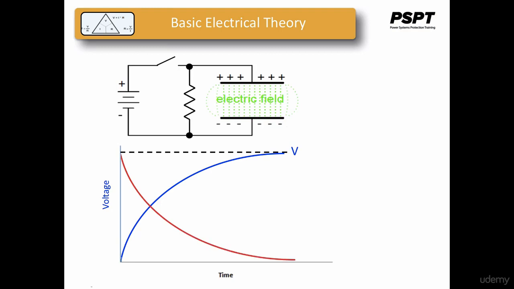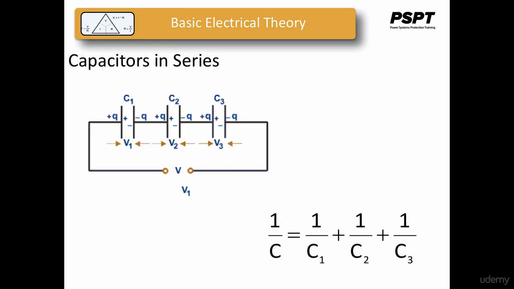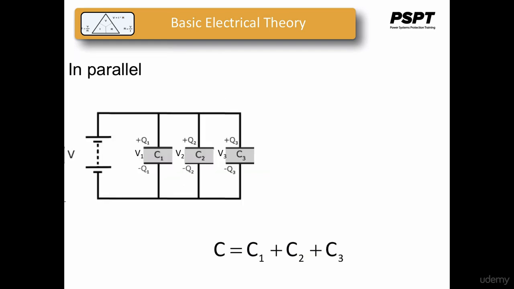Electric fields are then defined, and then a look at how capacitors work in a DC circuit when they're switched on and switched off. Capacitor connections take up the next step, and that involves how you calculate the result of capacitors that are placed in series and when you place capacitors in parallel.